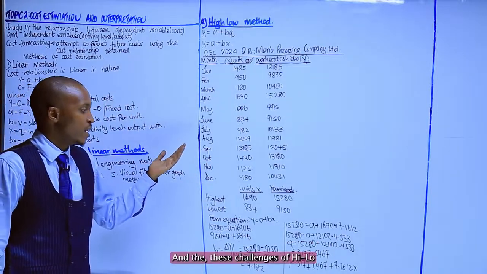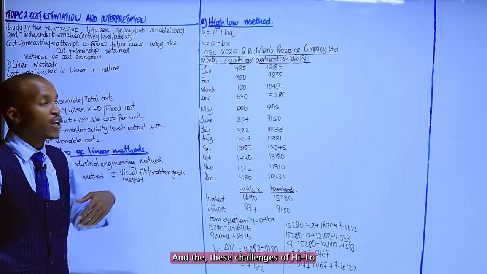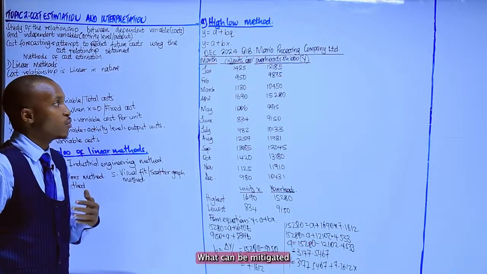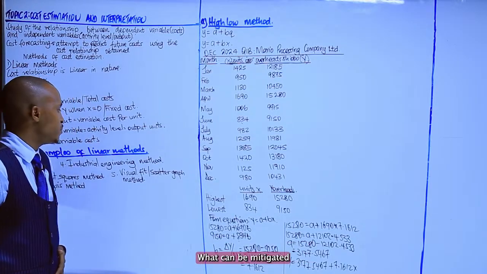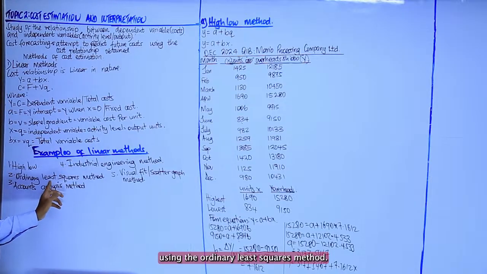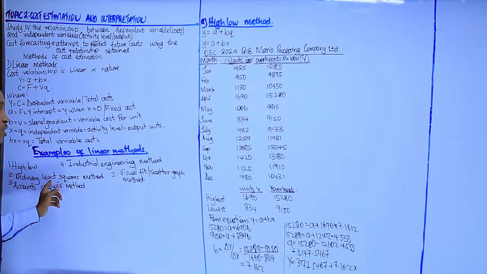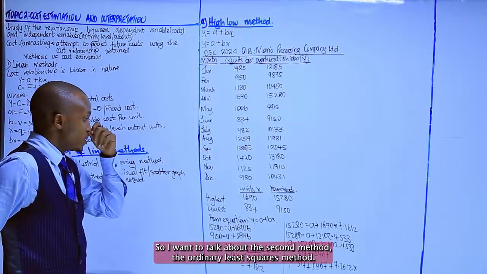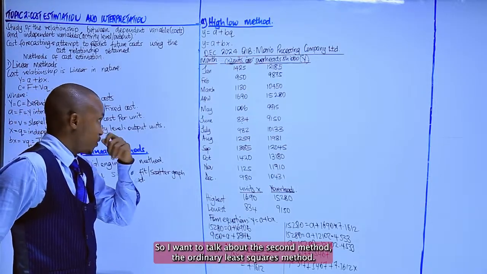And these challenges of the high-low method can be mitigated using the ordinary least squares method. So I want to talk about the second method, the ordinary least squares method.